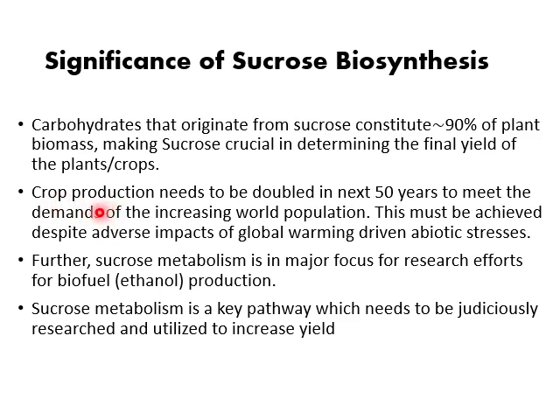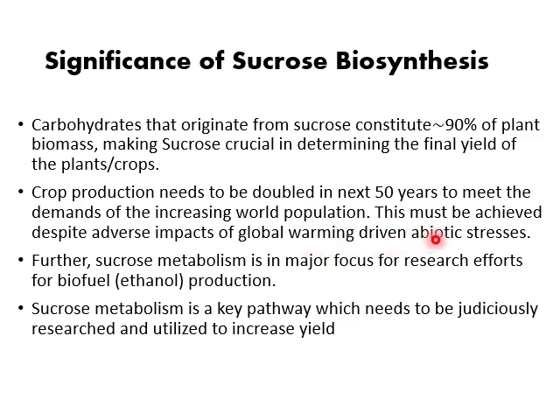So crop production, as you know, needs to be increased substantially. We can say it needs to be doubled in the next 50 years to meet the demands of the increasing world population. And this has to be achieved despite adverse impacts on agriculture because of global warming, abiotic stresses, and biotic stresses.